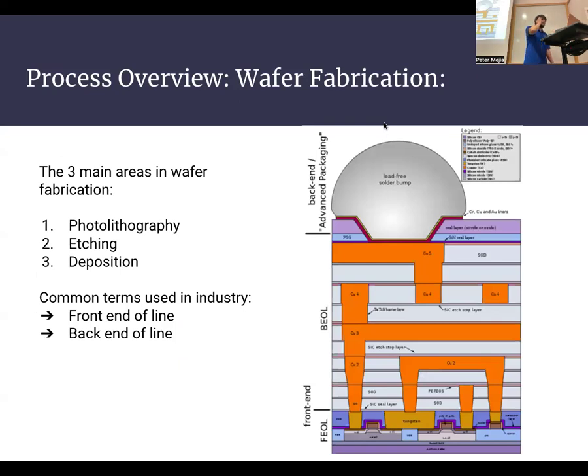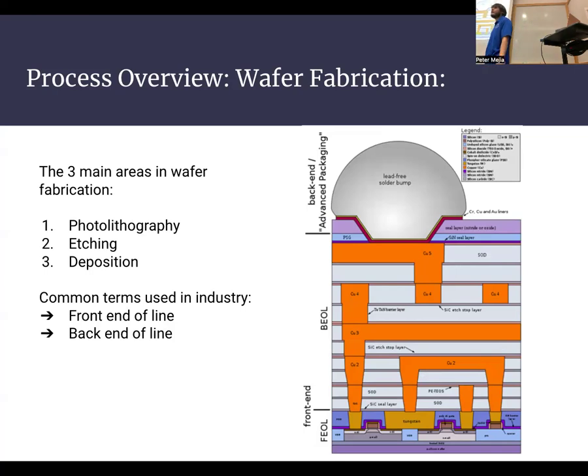Okay, so for wafer fabrication, the three main areas are photolithography, etching, and deposition. I know some of these terms are small here, but this is the overview of the processing that you may see. The common terms are front end of the line and back end of line. You can see the back end at the top and the front end at the bottom.